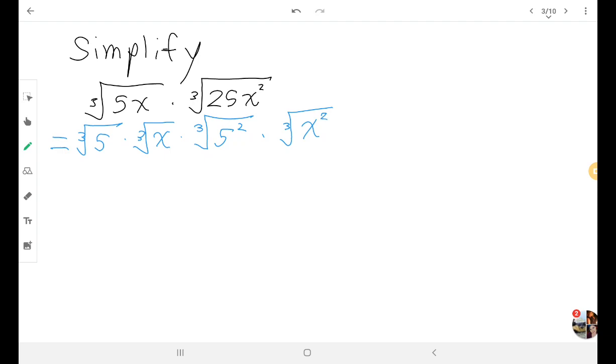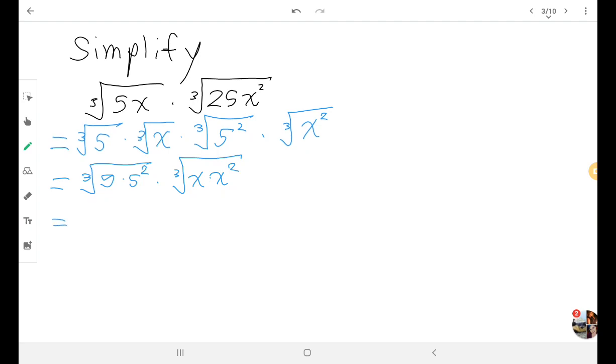So now I'm going to take these 5s, and I'm going to put them together inside of one cube root. So 5 times 5 squared. And I'm going to put the x's together under one cube root, x times x squared.